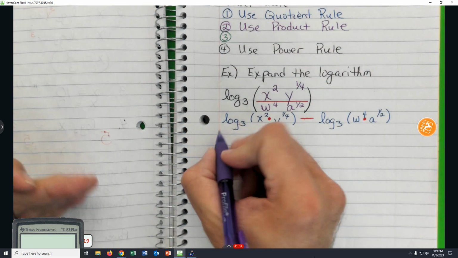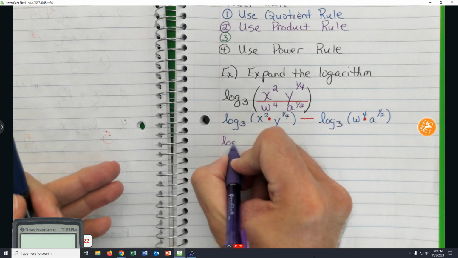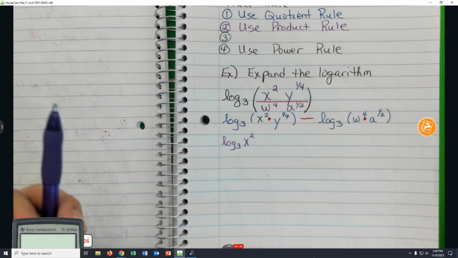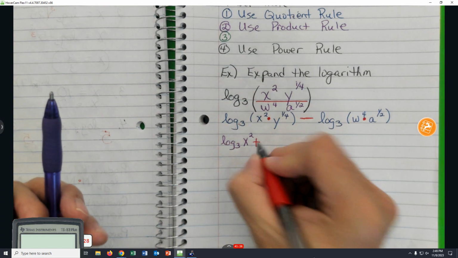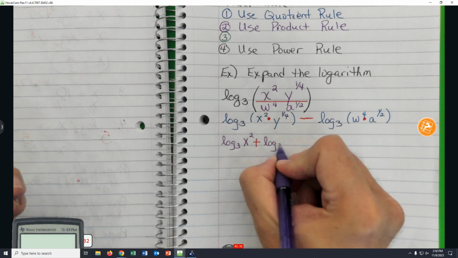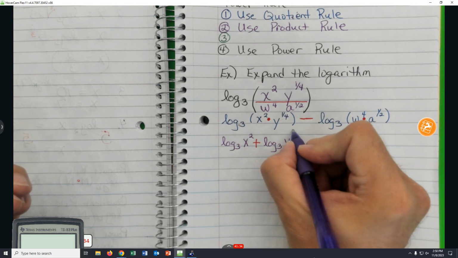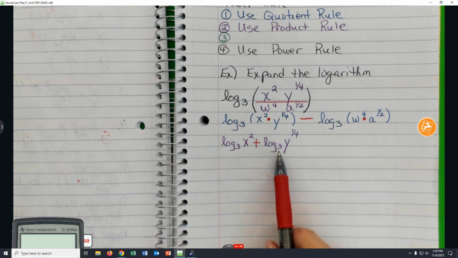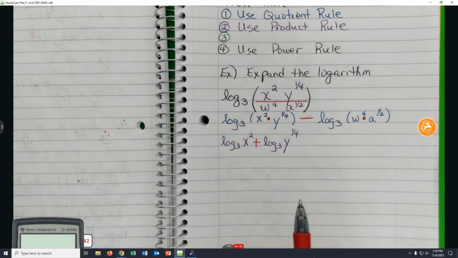You use it here. You write it as log base 3 of x squared, and then a plus log base 3 of y to the 1/4. So that was the product rule. Just bear with me. You'll be amazed in a little bit that you can do all of this in one step.